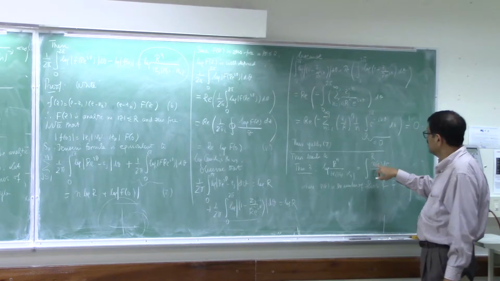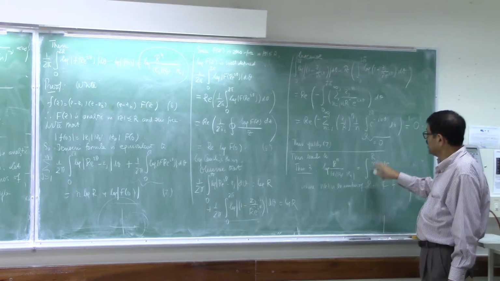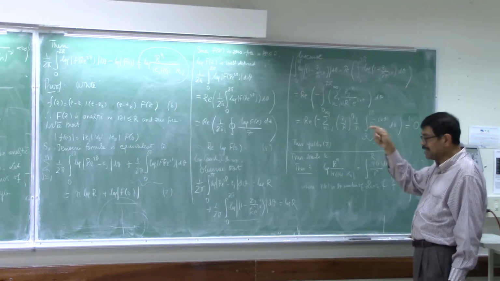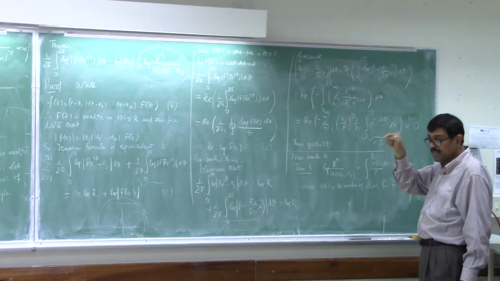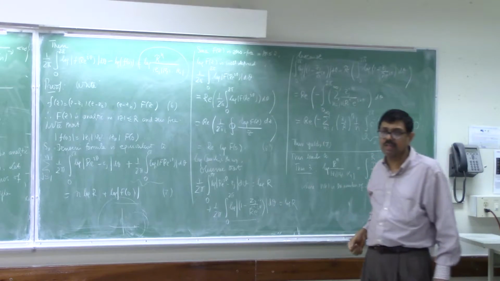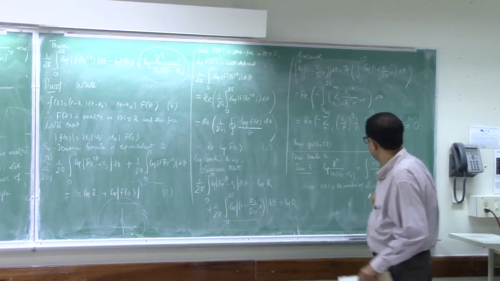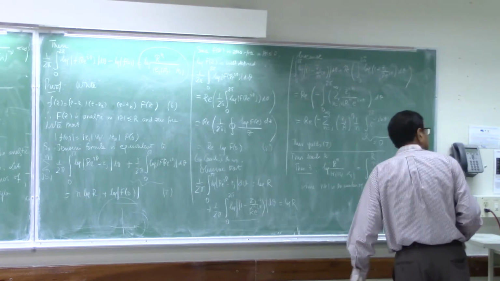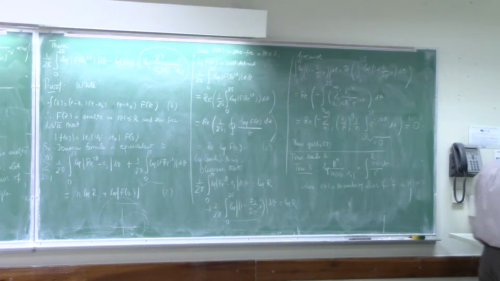It doesn't matter because if it jumps at one point, the contribution at a single point is not going to do anything for the integral. So this is what we have. So let us quickly check this.